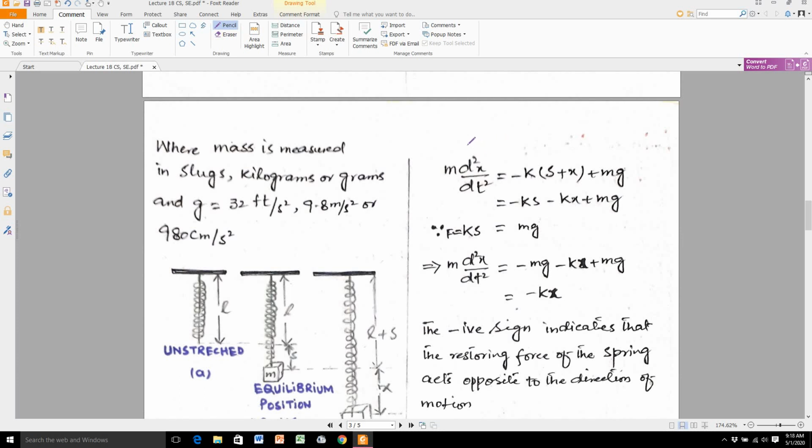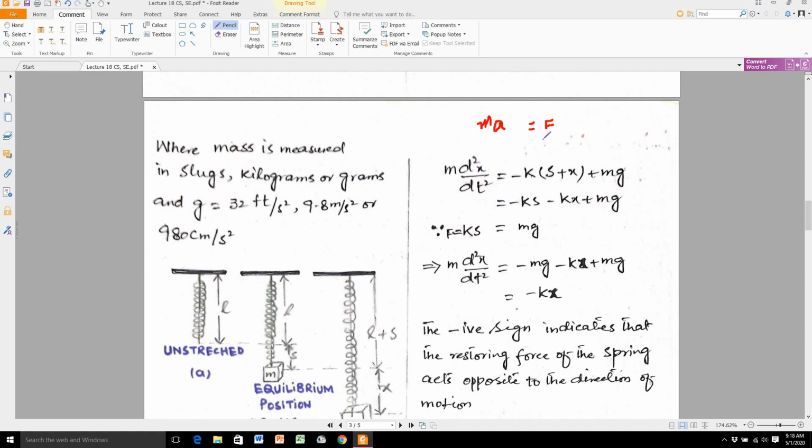So F is equal to ma, where F is the force, m is the mass, and a is the acceleration. You know that a is the second time derivative of displacement with respect to time.